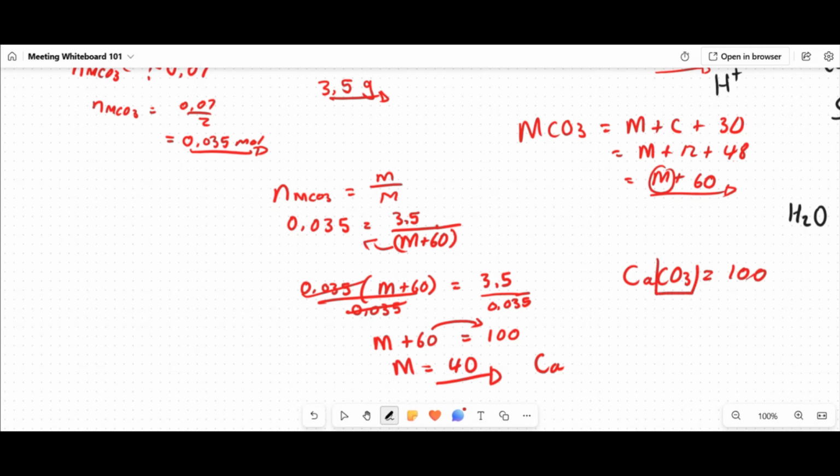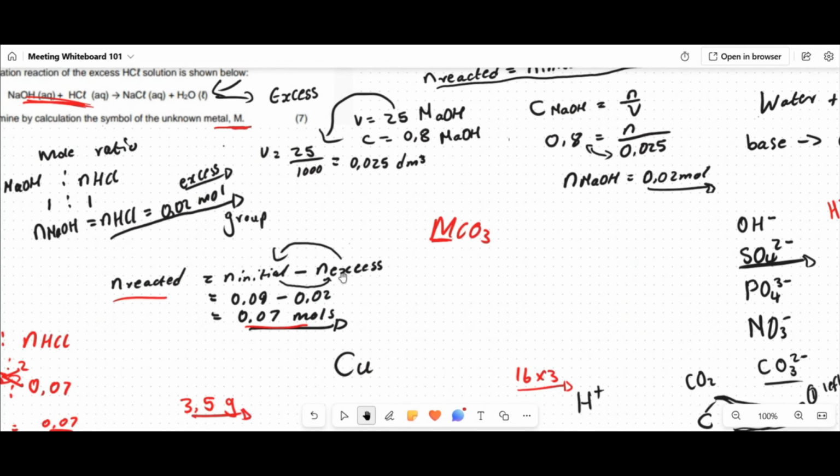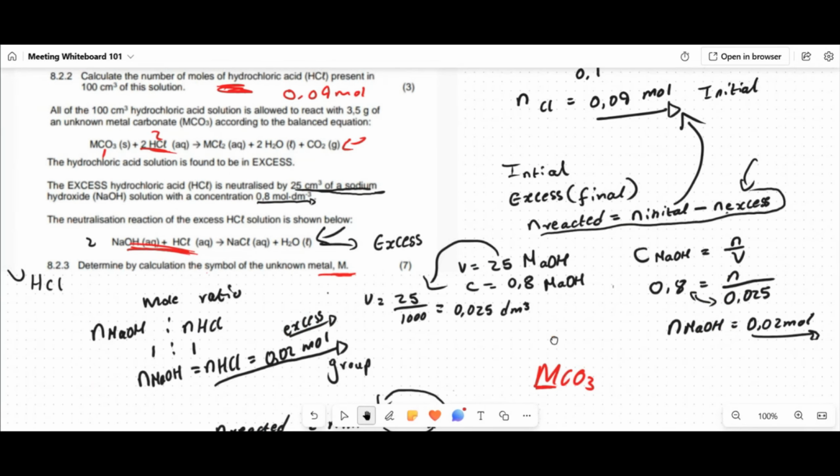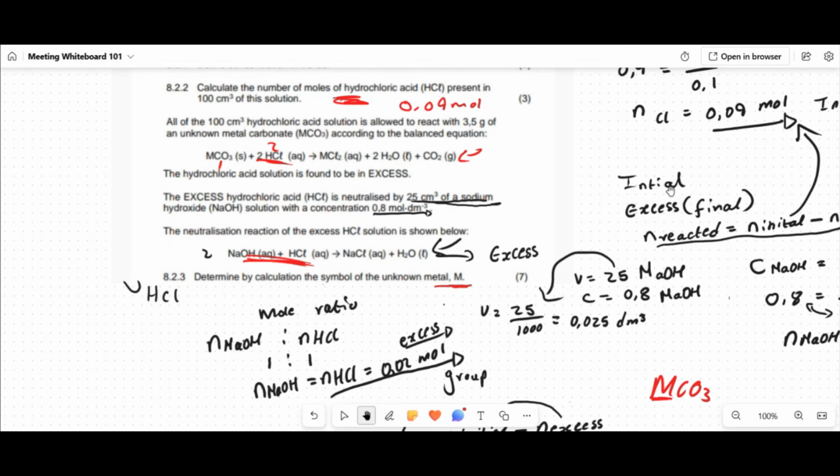And then this one, we said it is 60. So when I subtract 60, I'll be left with 40 there. Yes, so there you have your 7 marks, and then you are fine just like that. This is what you used to do in grade 11.